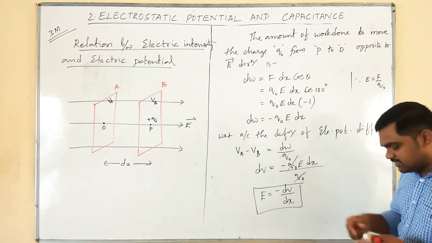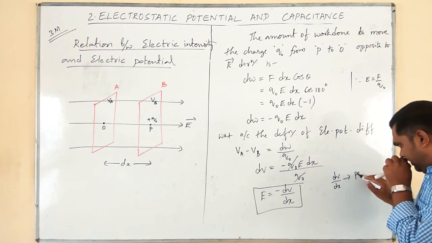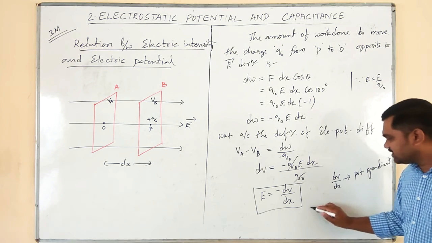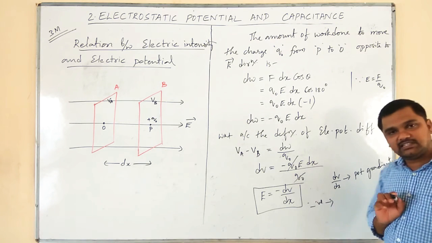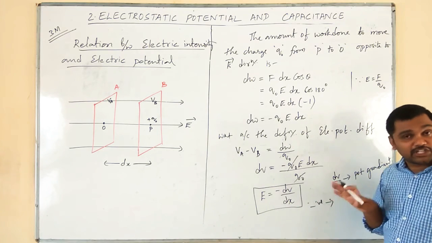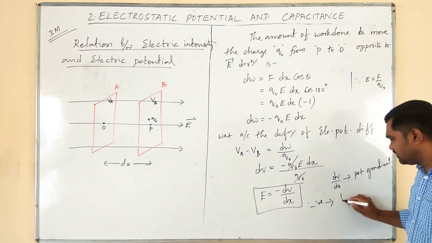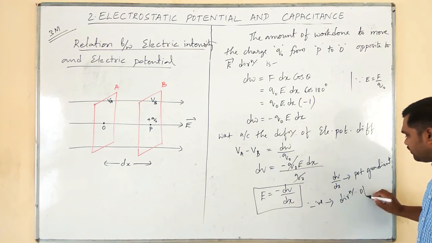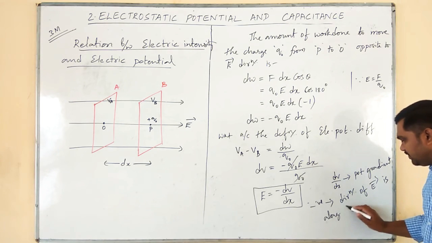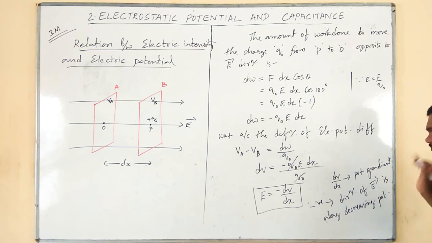This dV by dx is called potential gradient, and this negative sign represents that the direction of electric field is along the decreasing potential. The negative sign says that the direction of E is along decreasing potential.